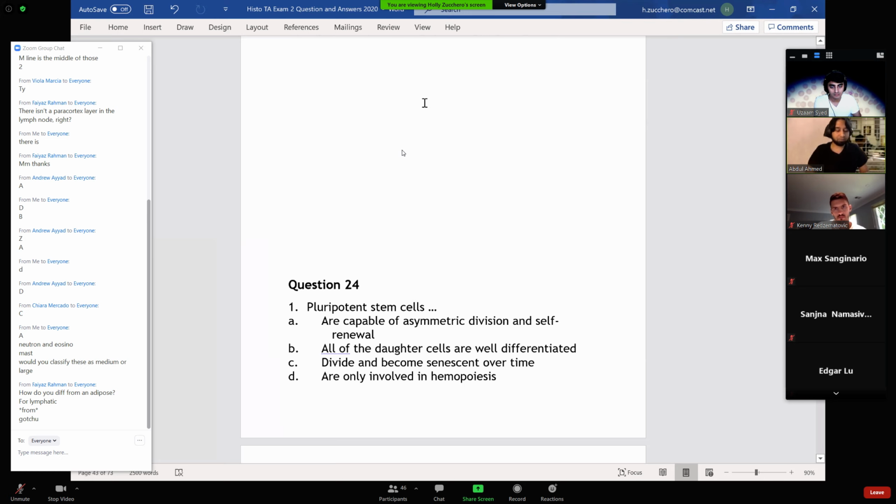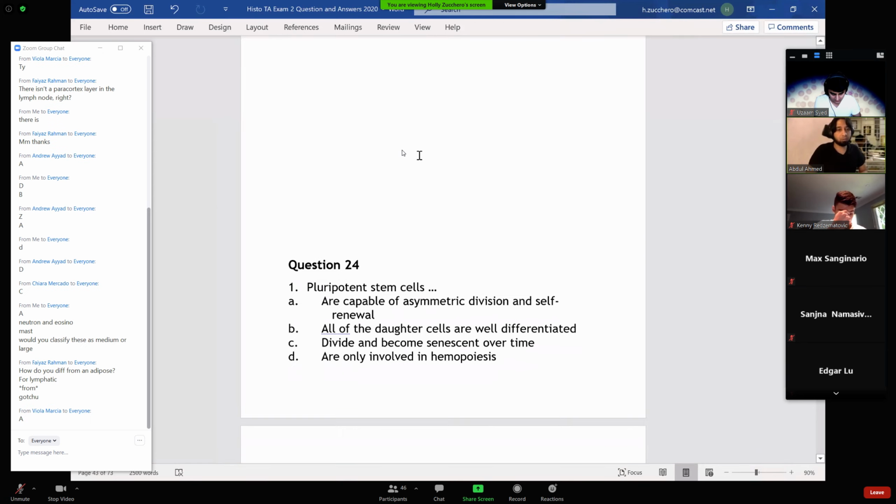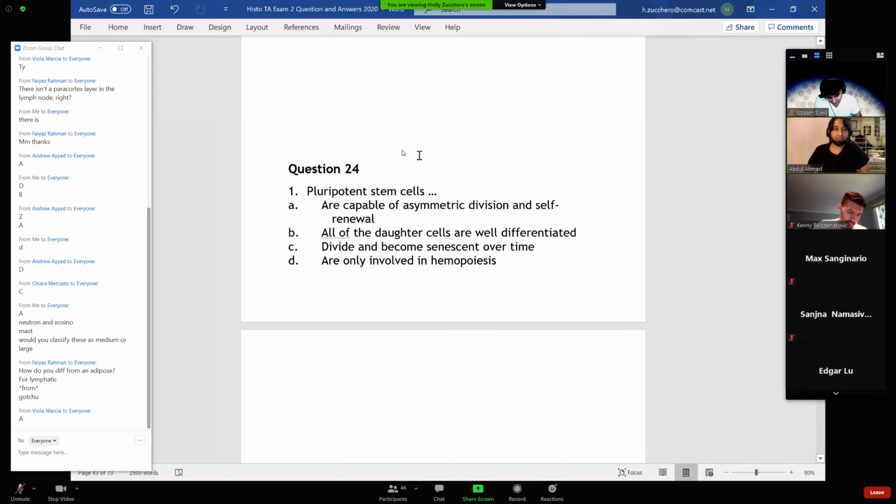So pluripotent stem cells. The keyword is pluripotent. Does anyone know the answer? Yes, the answer is A. Our body doesn't have totipotent stem cells.